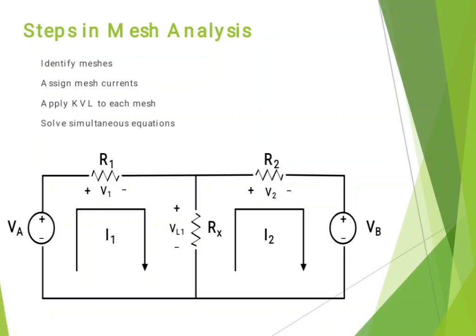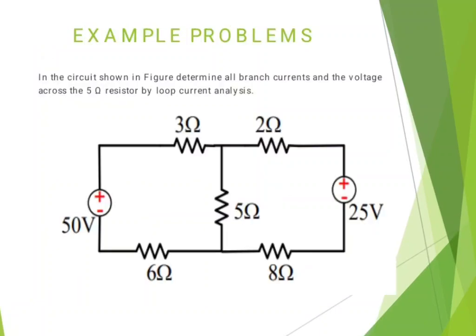Here you can see two meshes in the circuit, so you get two currents. This is an example problem to solve using mesh analysis. In the circuit you can identify two closed loops, two meshes, so you will get two mesh currents.